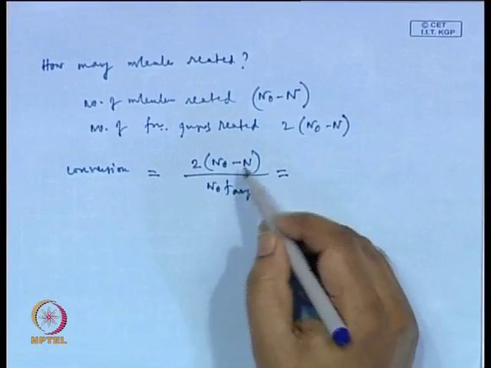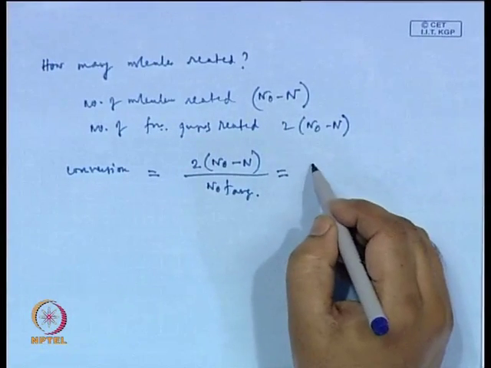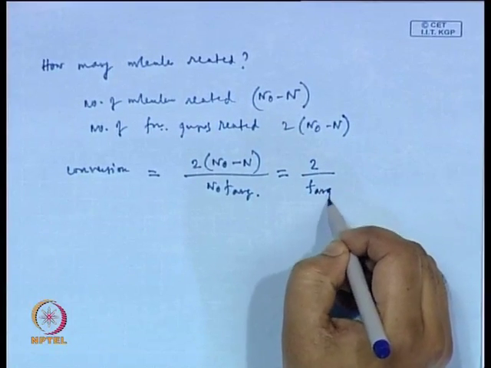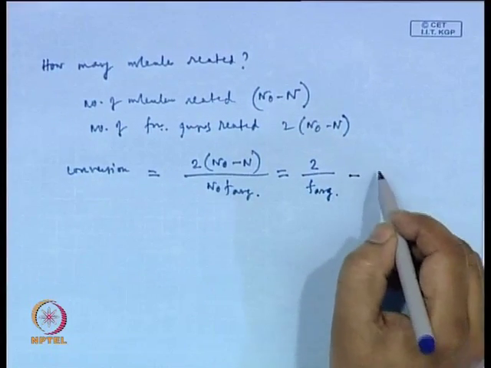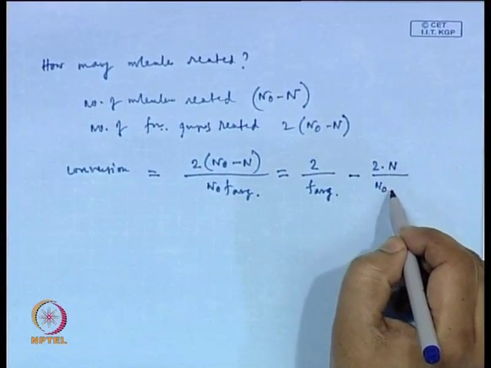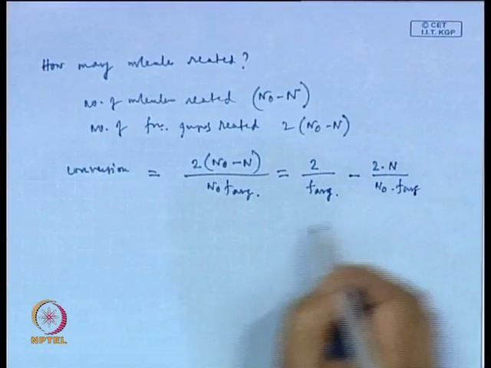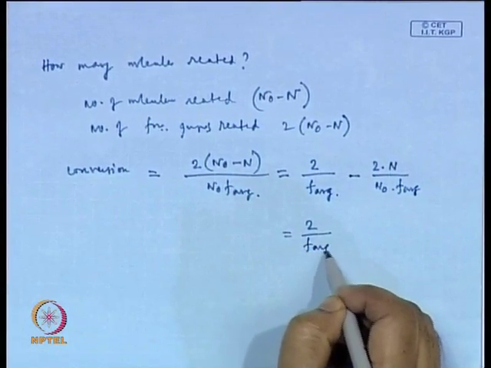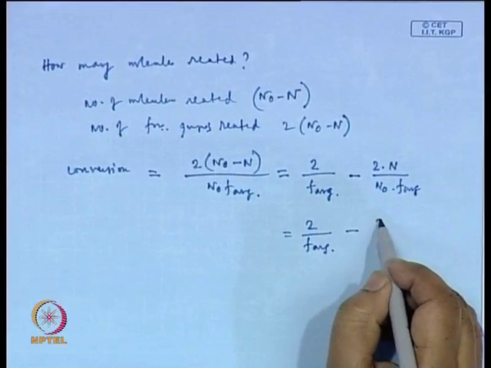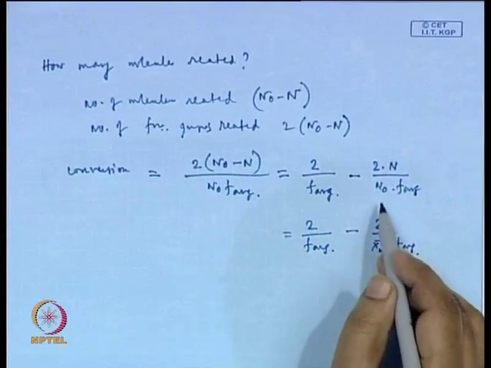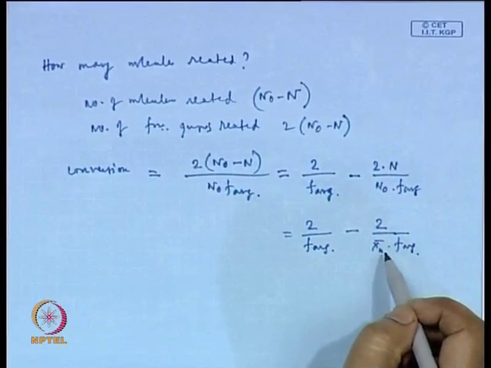That is the fraction, that is the conversion, which gives you (2 N0 F average minus 2 N F average) by N0 F average, or 1 minus N by N0 times... that is, twice F average minus twice Xn F average, because N0 by N is your Xn, as we talked about.